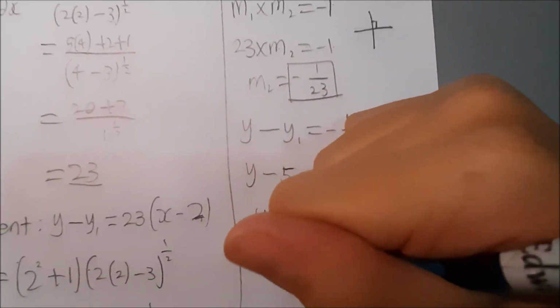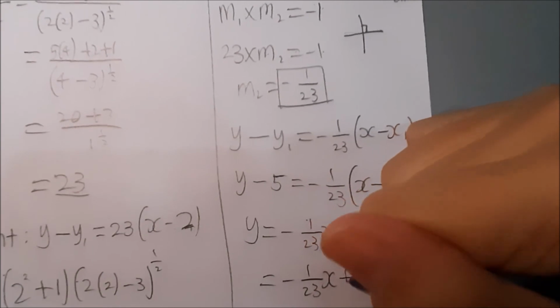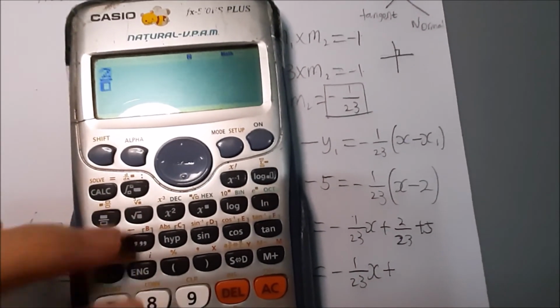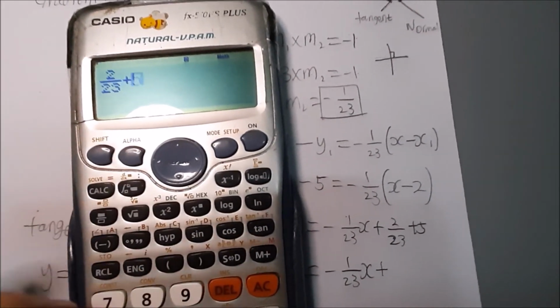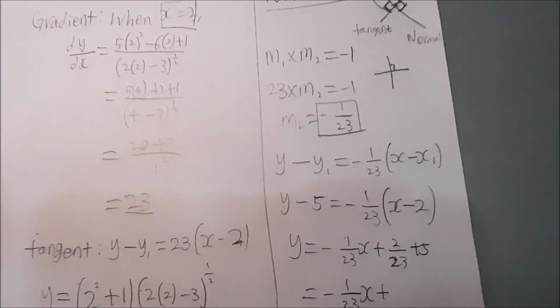Now from here you can simplify this, so that you get -1/23 x plus 2/23 plus 5, which will give you 117 divided by 23.